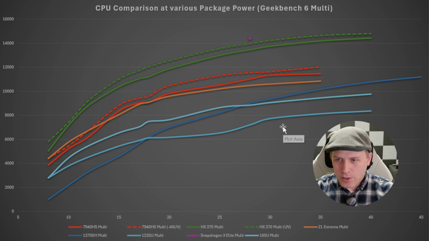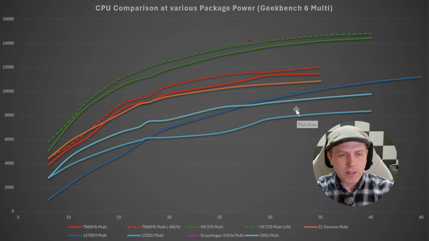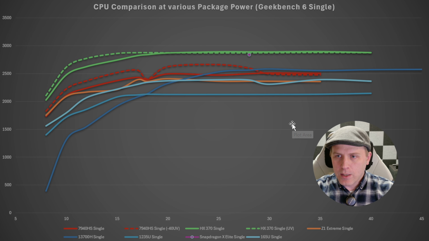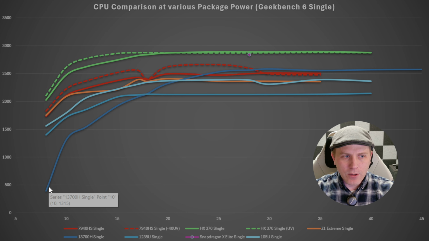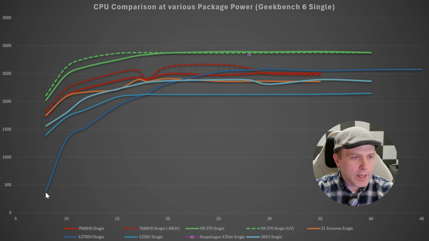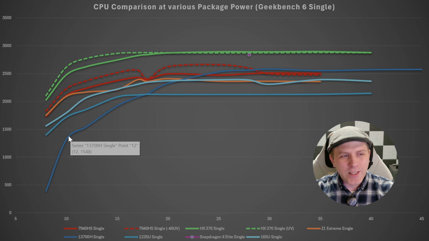So while we're still talking about Intel, as I get sidetracked on the Legion Go and Z1 Extreme, let's switch over to the single core to just kind of compare. And we see kind of the same thing here, where at 8 watts, the 13700H is just complete garbage. It's just a ridiculously poor score. Once you give it about 10 watts, it starts to come to life a little bit.